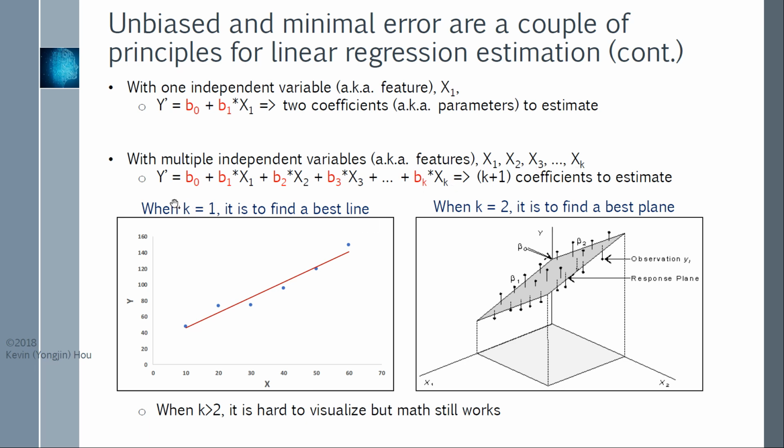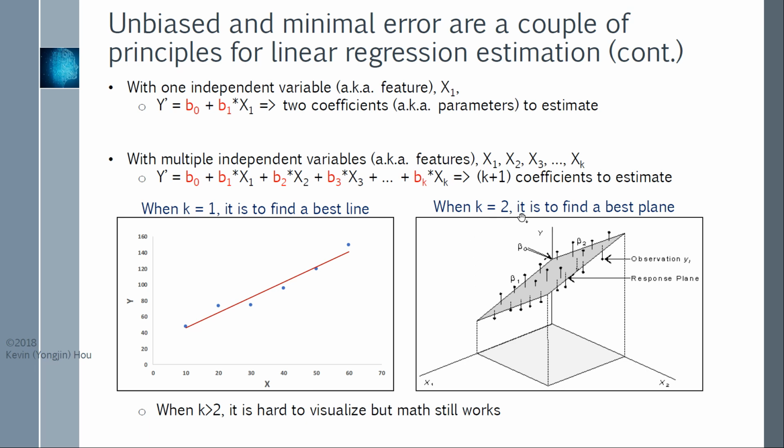Now look at the chart. If we only have one variable, in the case k equal to 1, we can visualize the line in the two-dimensional chart, x and y. Basically, the best linear regression is the best line that can fit the observations.